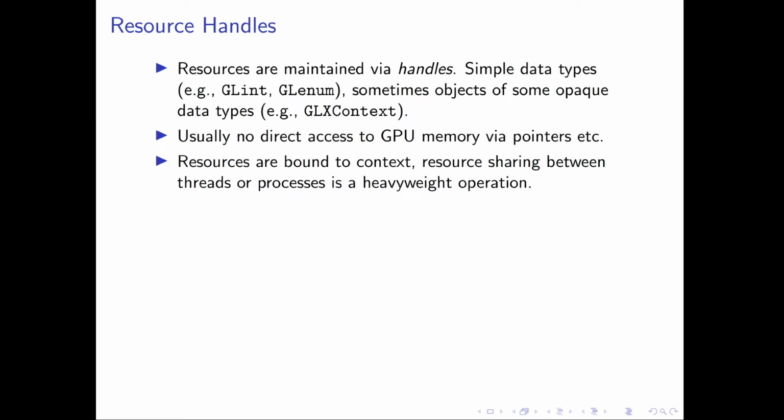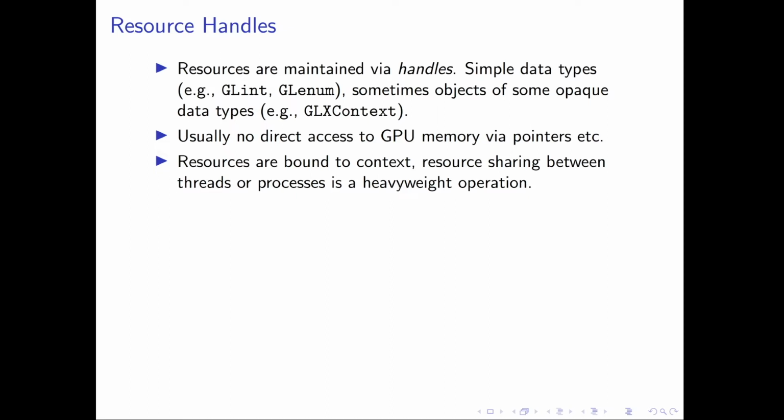On a GPU, we typically have memory regions that are responsible for textures, memory regions that have to do with the frame buffer, and memory regions where general buffers or vertices go. Therefore, we usually don't directly access memory via pointers. A notable exception is, for instance, the CUDA API that we will also learn about during the lecture, where you actually have access to device memory using pointers.